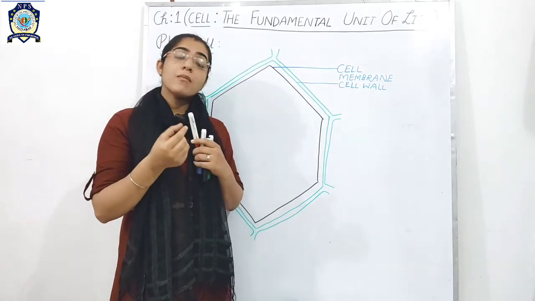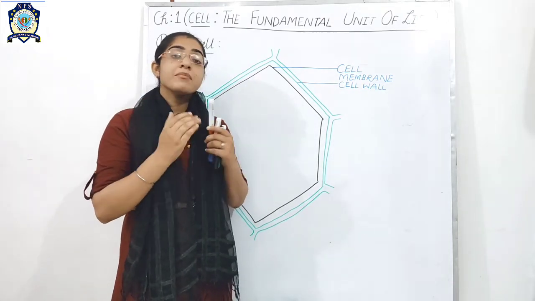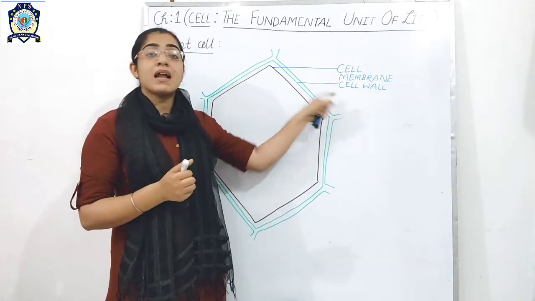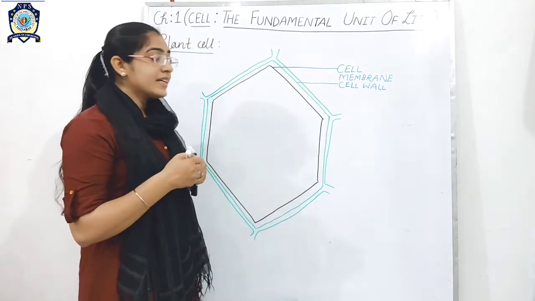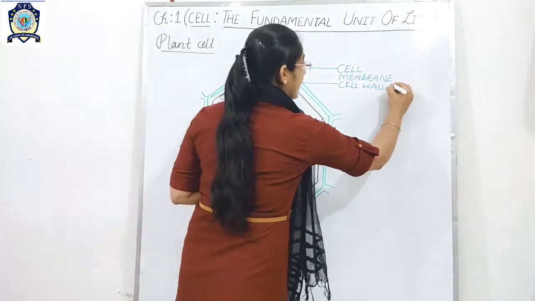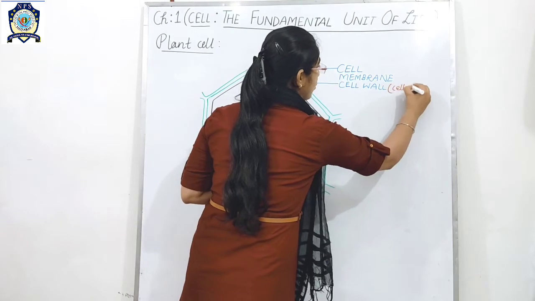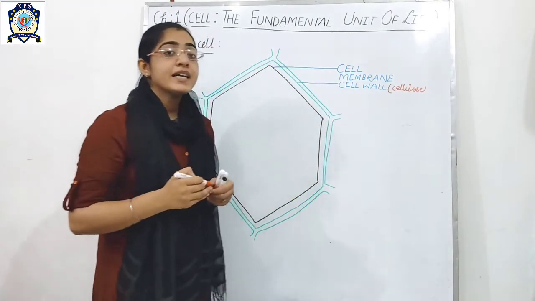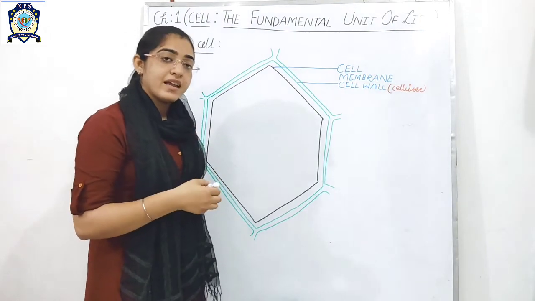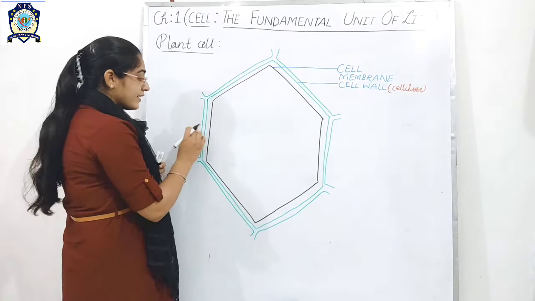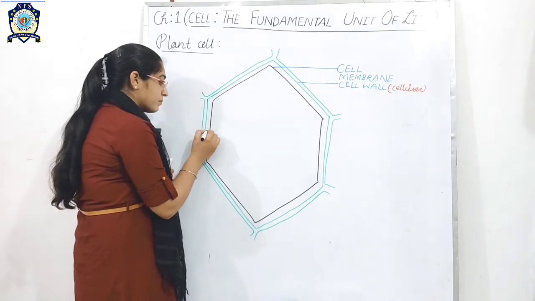And if we talk about the composition, from which type of material the cell wall of a plant is made, then in plants especially, the cell wall is made up of cellulose, okay. So there is a cellulosic cell wall, and also, dear student, there are some pits here.